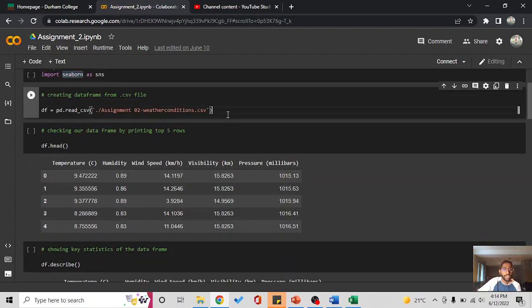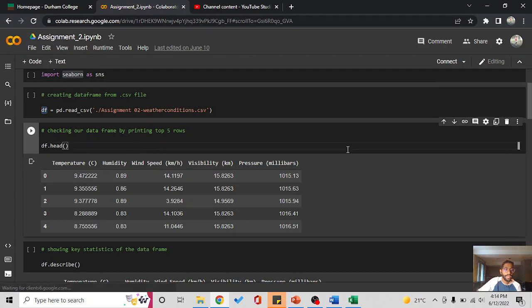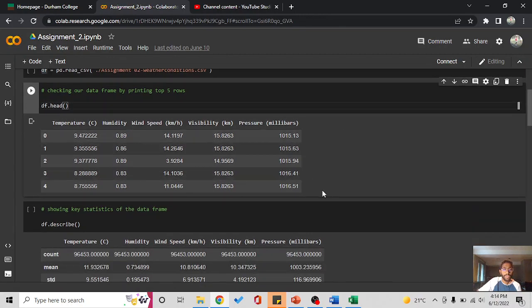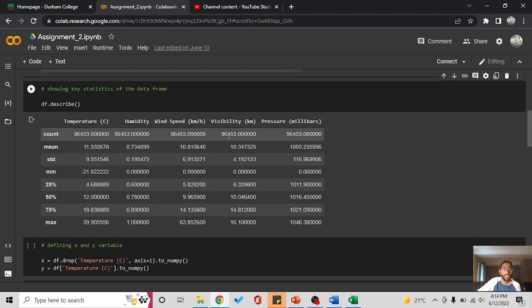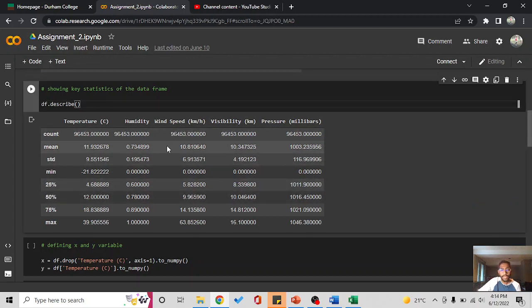This is the step where we read the data and put it into a data frame. Then we print out the top 5 rows of the data just to check whether it's the right data that we have imported. Then we have df.describe.